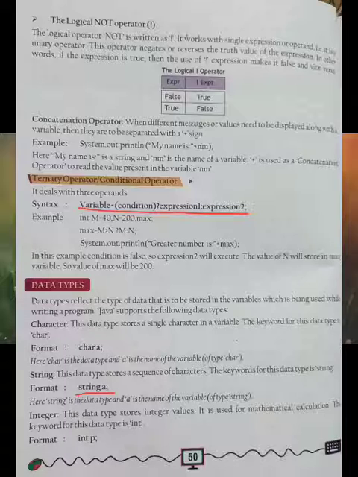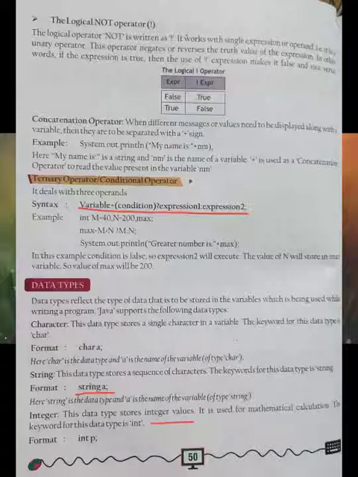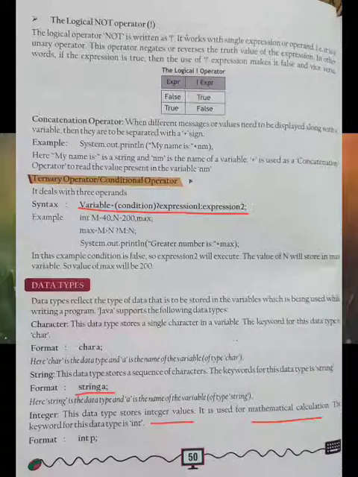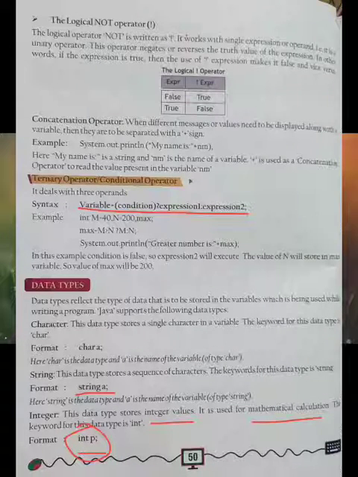Here string is the data type and a is the name of the variable of type string. Now the third data type is integer, which is used to store integer values, that means numeric values. It is used for mathematical calculation. The format for declaring integer is int p. Here int is the data type, p is the name of the variable of type integer.